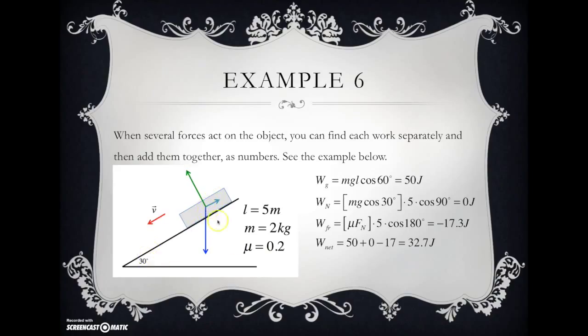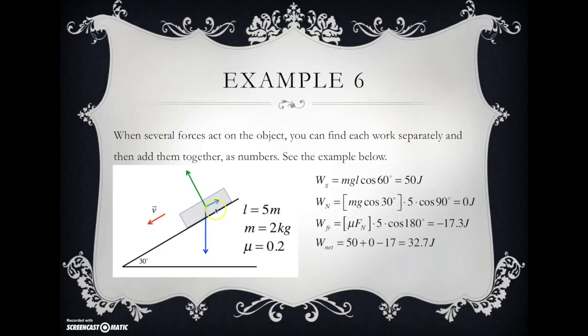It's making a 30-degree angle with the actual gravity. So the y component of gravity is mg cosine of 30. So that's normal force that I have in square brackets here, times displacement, which is 5, times cosine of 90. This cosine of 90 gives us 0, so that's 0 joules of work.